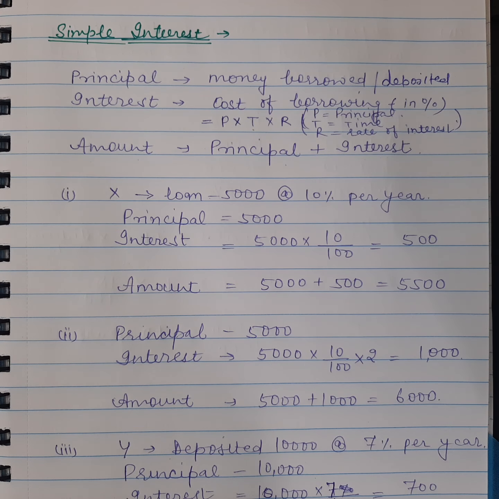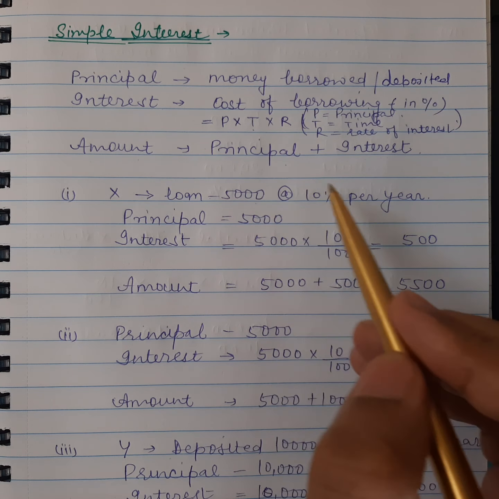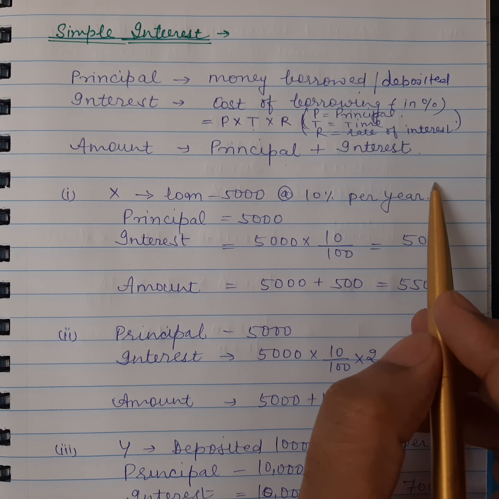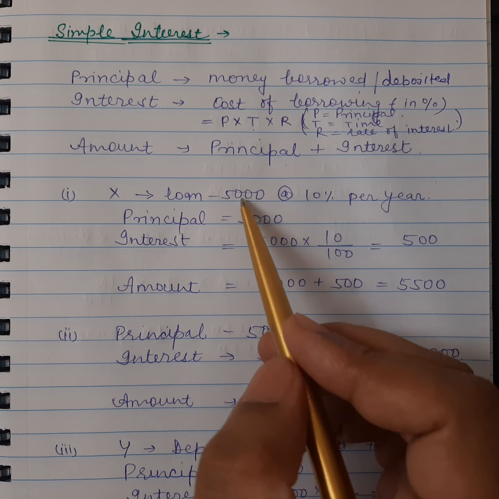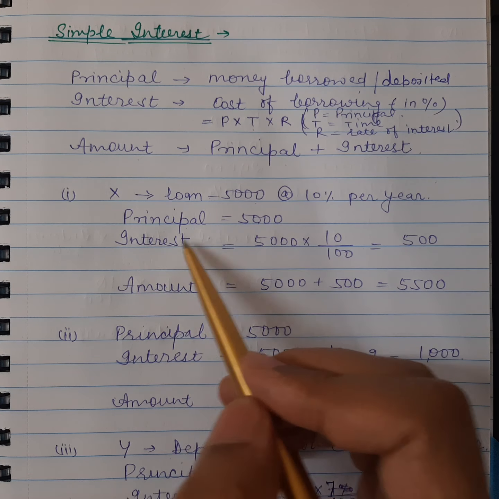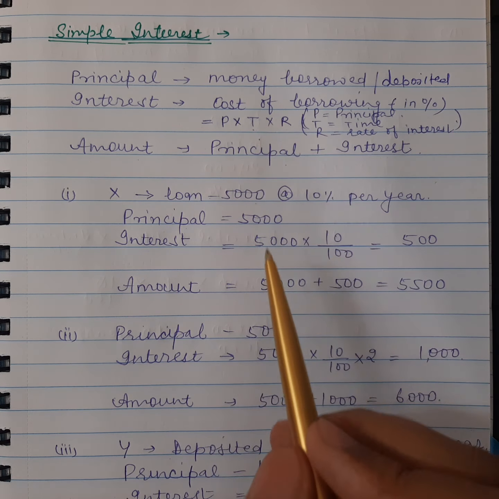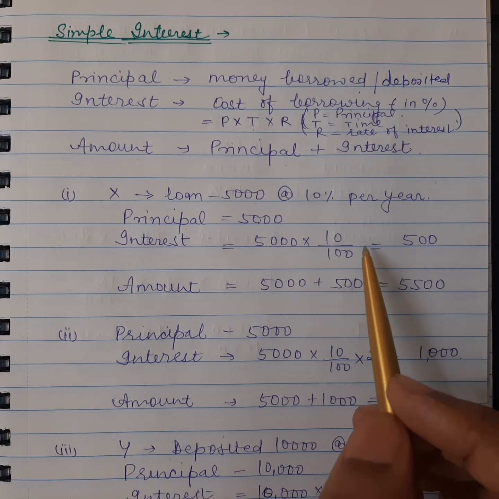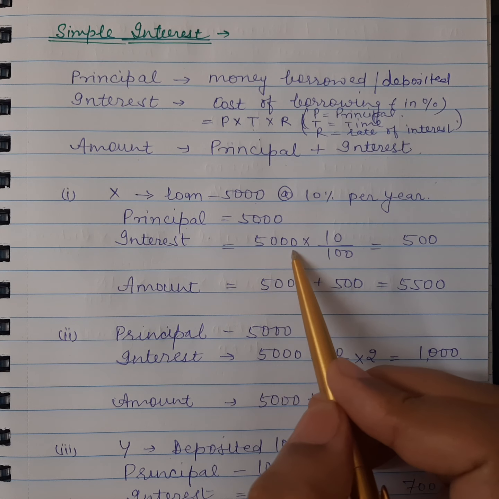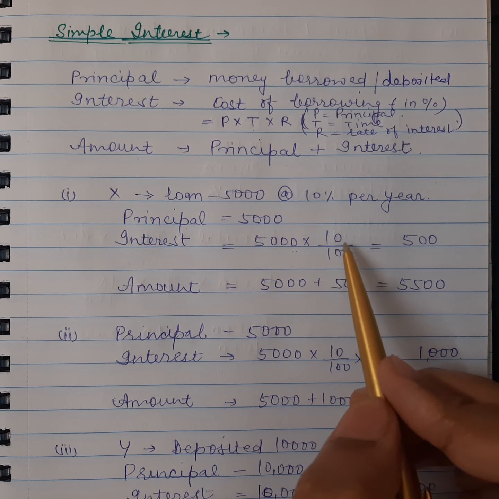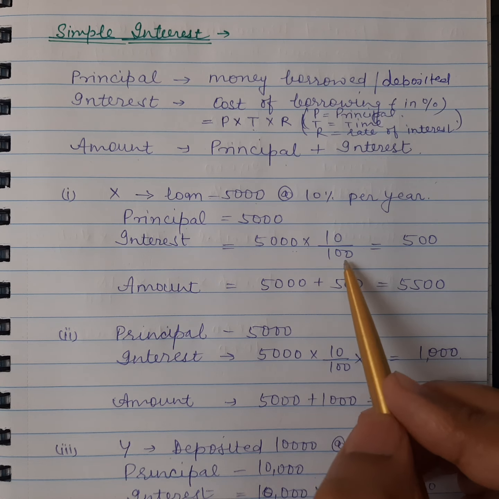Let's understand it with the help of one example. X has borrowed a loan of 5,000 rupees at the rate of 10% per year from a bank. Here the principal amount is 5,000 rupees because the loan he has taken is 5,000 rupees. Interest we can calculate as principal multiplied by time multiplied by rate of interest. Here the time is 1 year, so let's ignore it, because if we multiply anything with 1, it will be the same. So 5,000 is the principal multiplied by the rate of interest, which is 10%, and 10% we can write as 10 divided by 100.